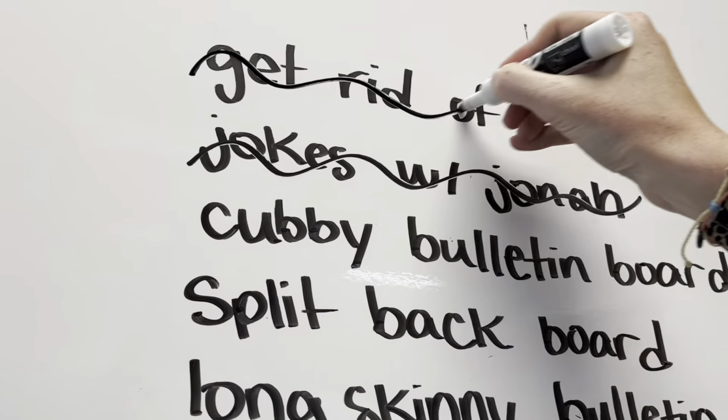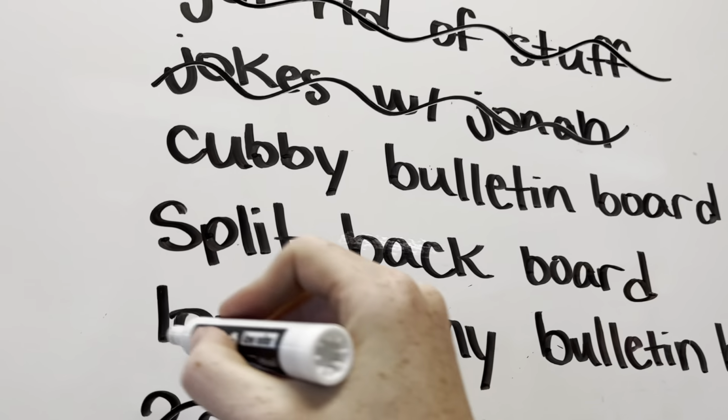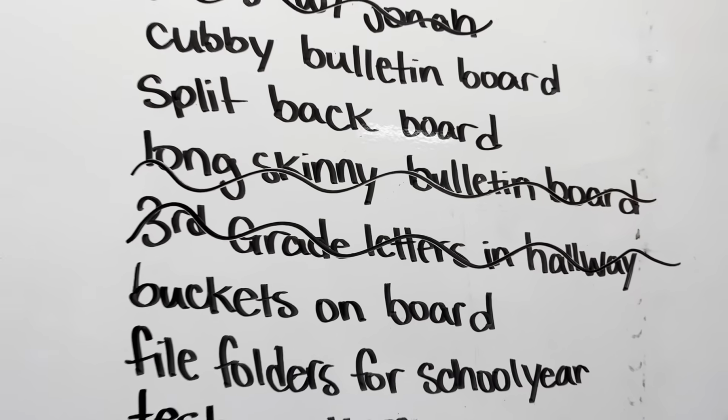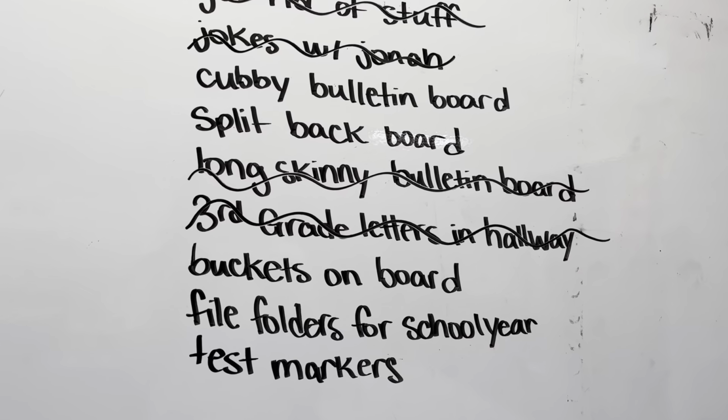So we did get rid of stuff. We did the long skinny bulletin board, and that's it. All right, so I feel like doing some chill stuff right now. I have a bag of Mr. Sketch markers that were left here that I want to test. And I also want to make file folders for throughout the school year.